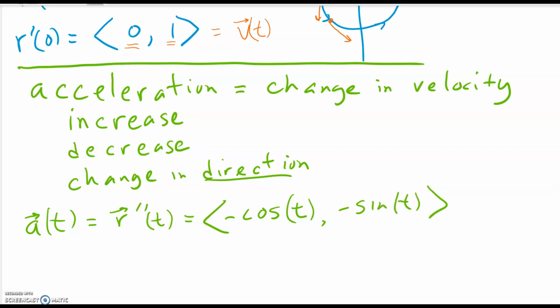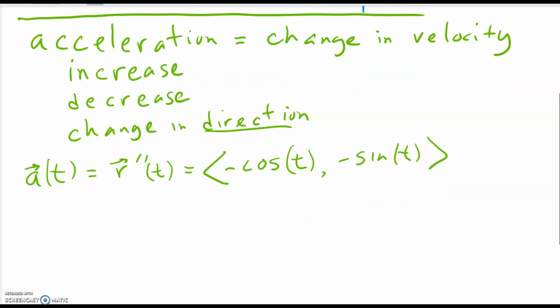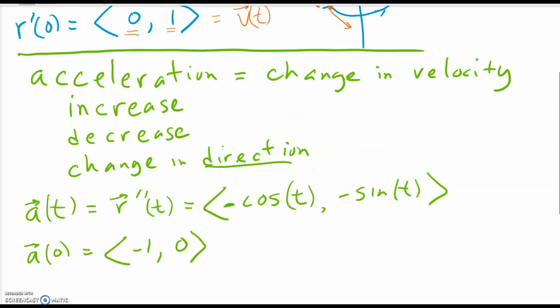Okay, so let's take a look at this when time is 0. So at time 0, we have derivative of cosine is 0, but there's a negative in front, so it's negative 1, and derivative of sine is 0. Okay, so the acceleration vector is (negative 1, 0), and that's a direction as well.